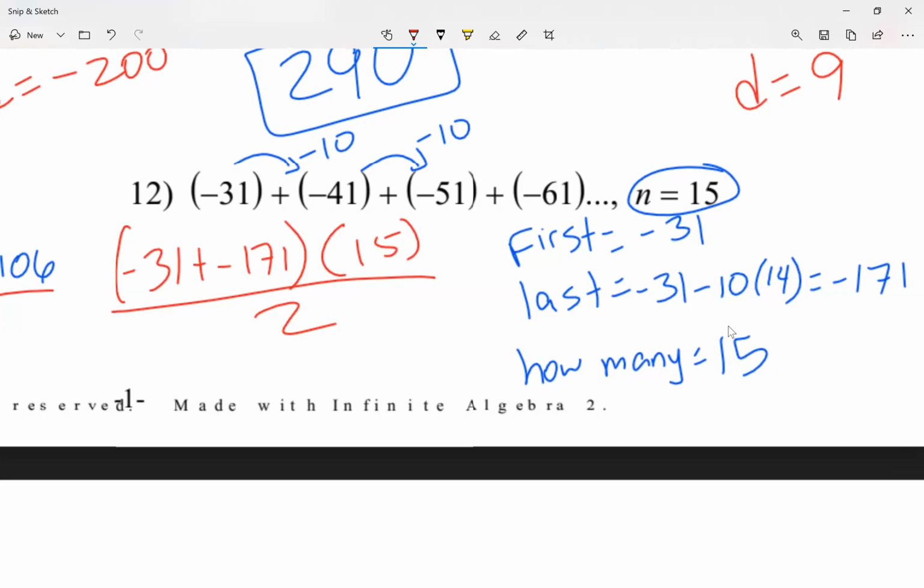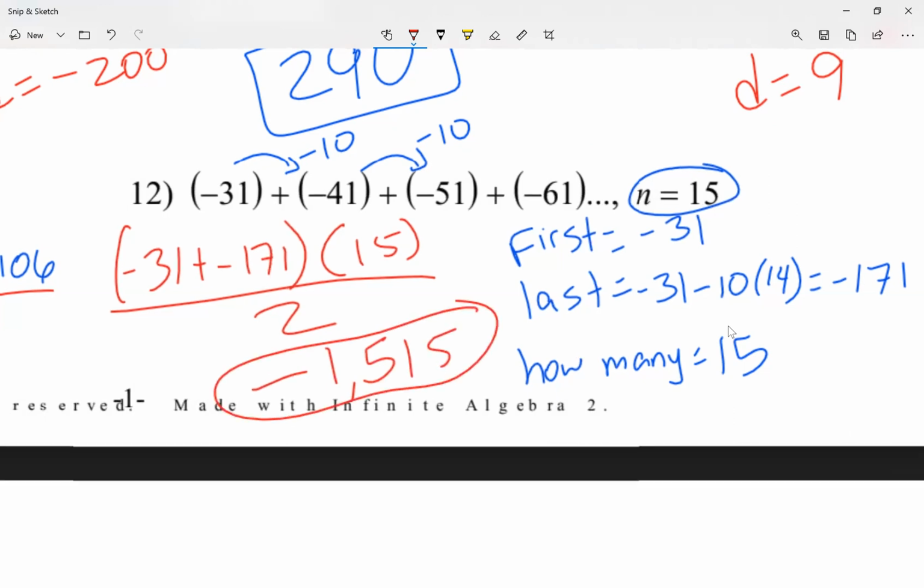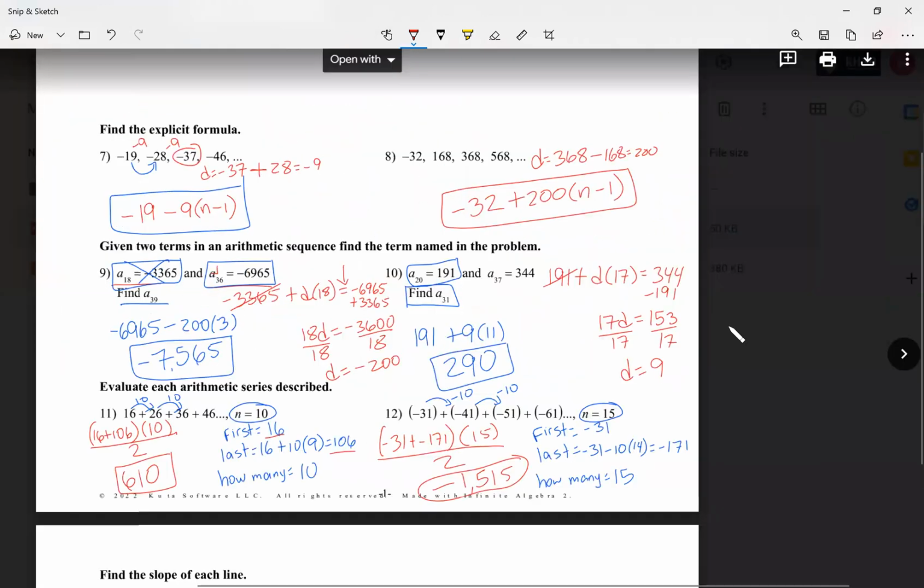Negative 202 times 15 divided by 2 gives me negative 1,515. Again, the comma for the thousands, it's okay if you type it, and it's okay if you don't. I'm interested in whether you know how to do this work. All right, so that's basically our second lecture, 7 through 12. If you have any questions, you know where to find me.